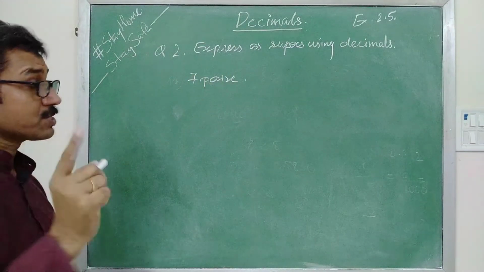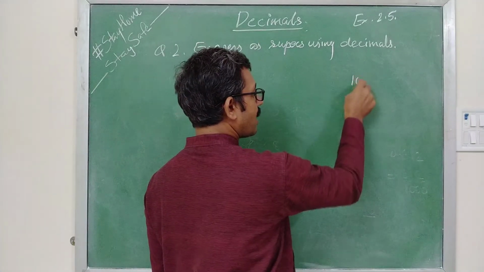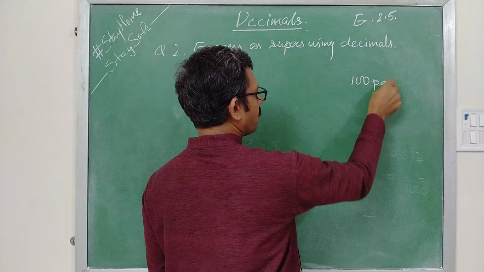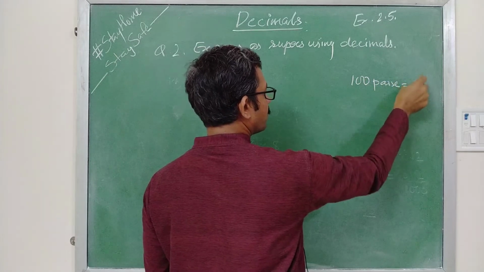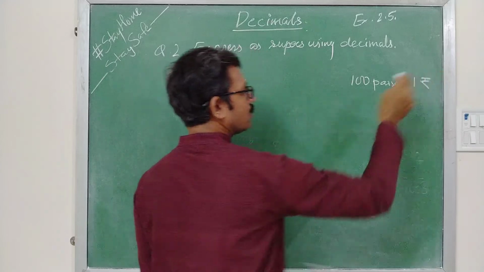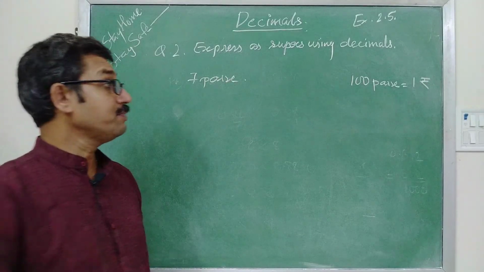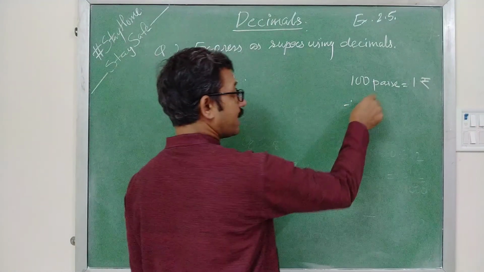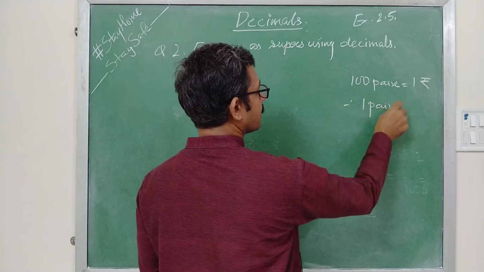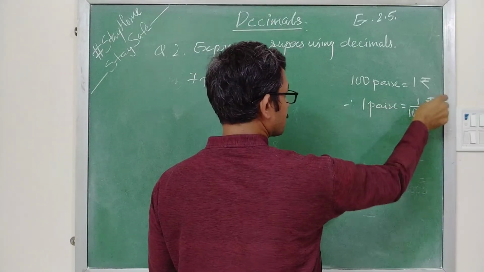Now you must understand here that 100 paise is equal to 1 rupee. Sure, 100 paise is equal to 1 rupee. So we can write 1 paise is equal to 1 upon 100 rupees.